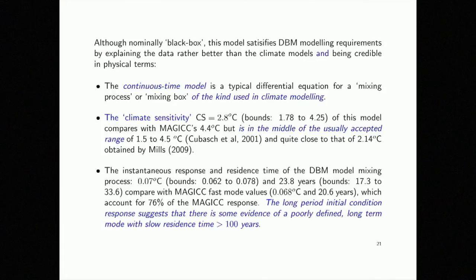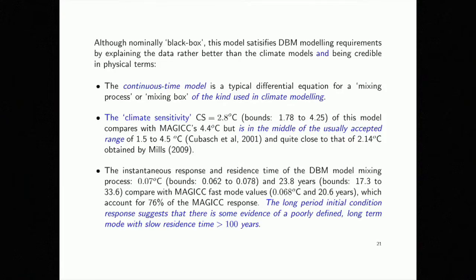However, this model has some physical properties. You remember the data-based mechanistic approach, you wanted it to be credible. First of all, there's a thing called climate sensitivity. You can work it out from this model, and it comes out to 2.8 degrees centigrade. It's more or less what the effect is over a certain period. And this is exactly in the middle of the distribution the climate scientists say, with bounds from 1.78 to 4.25.